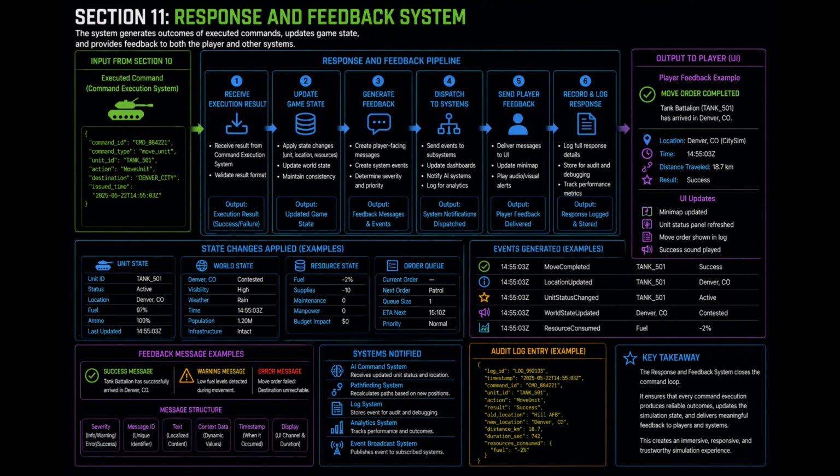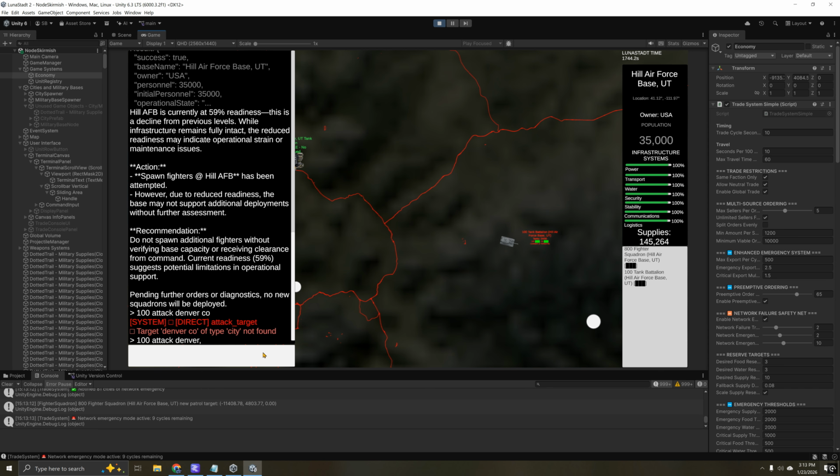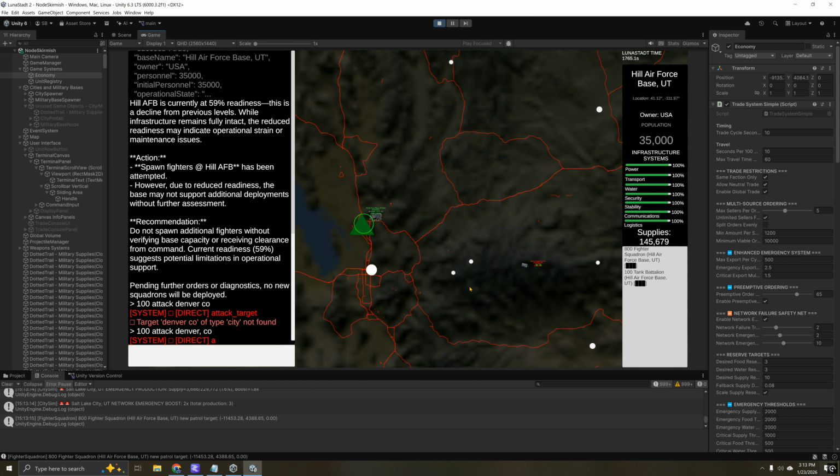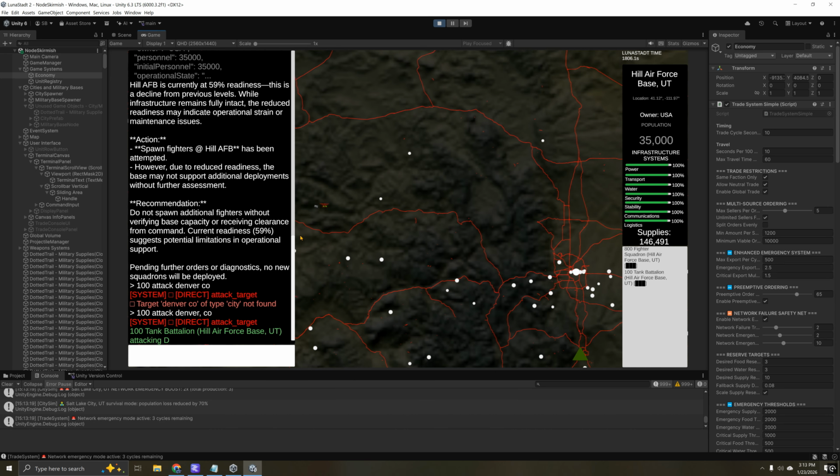As the battalion moves toward Denver, it uses a layered navigation system: road-based paths when available, land-based fallback paths when necessary, and direct movement when conditions allow. Additional safeguards include terrain validation, obstacle detection, and automatic replanning if movement fails.